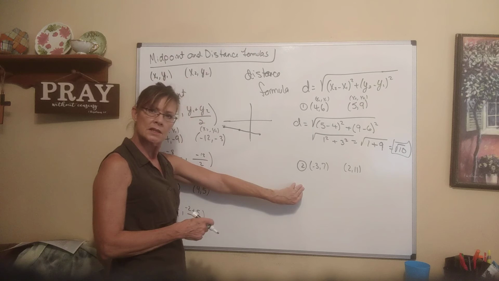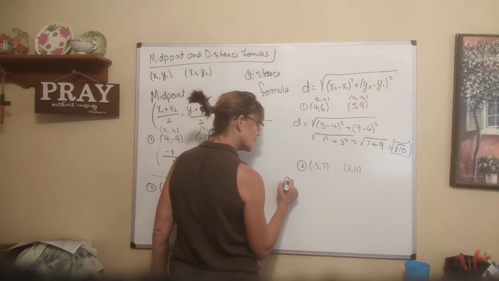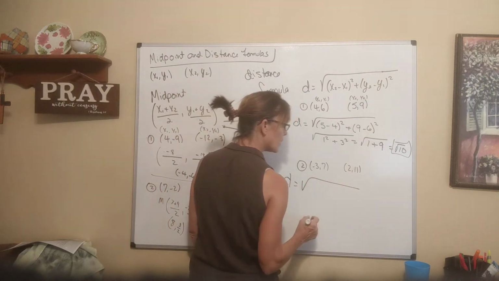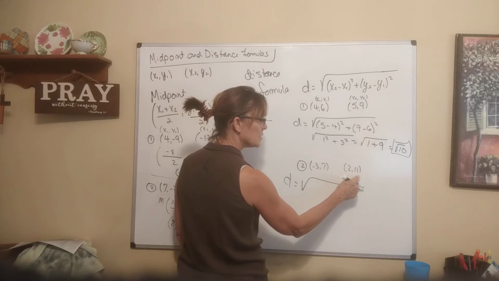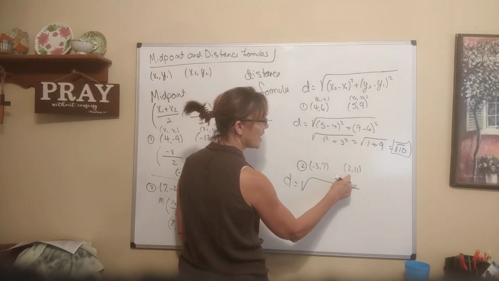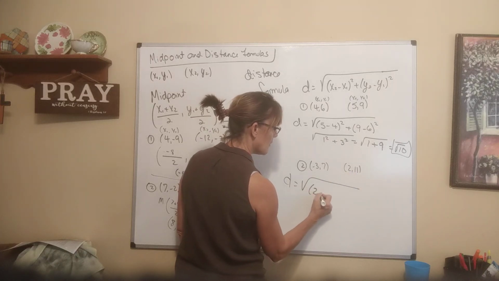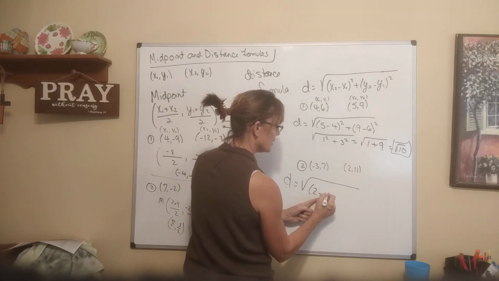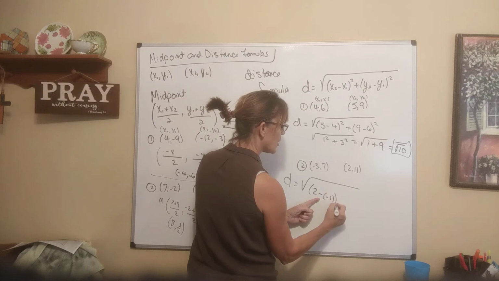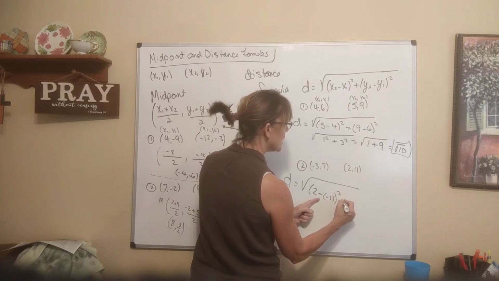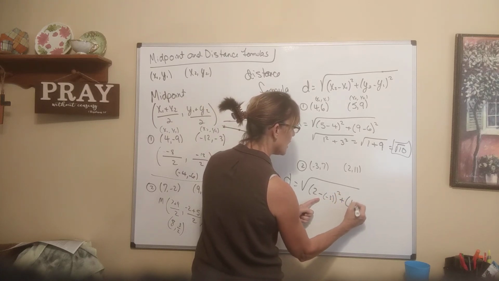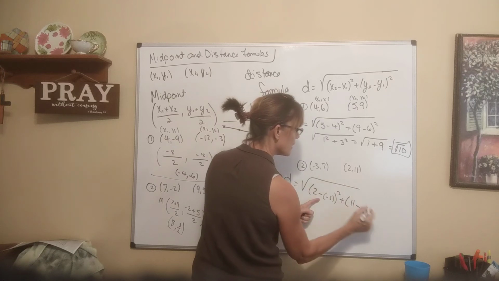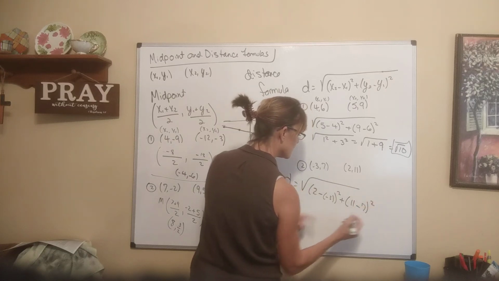Let's go ahead and find the distance between these 2 points. The distance is equal to the square root of x2 minus x1. So this minus is part of the formula, and this minus is what that number brought with itself. Plus y2, 11, minus y1, which is 7, quantity squared.